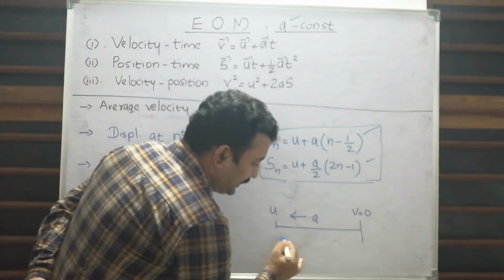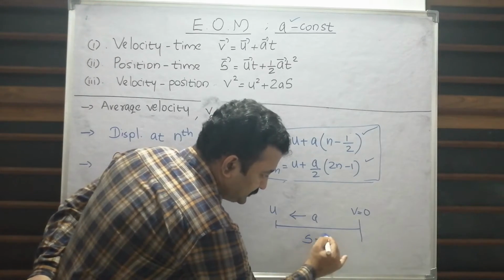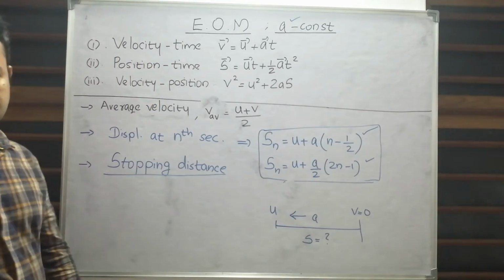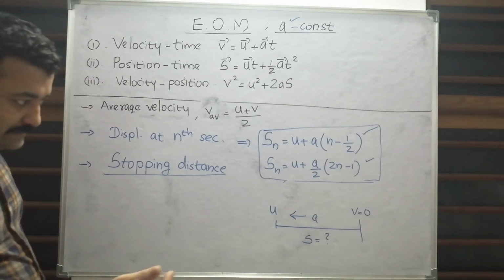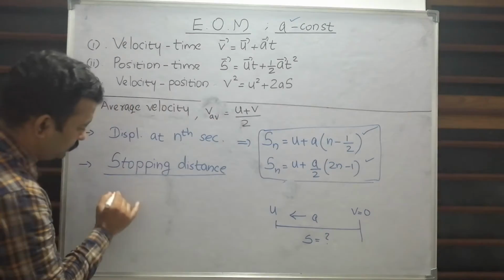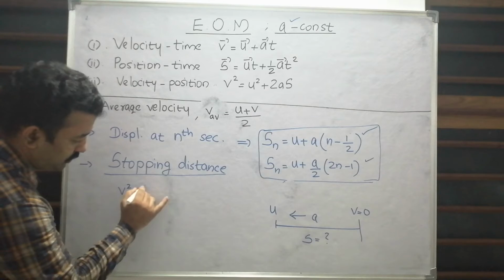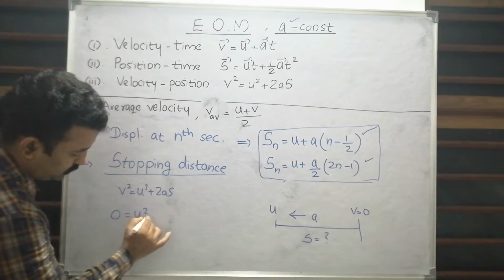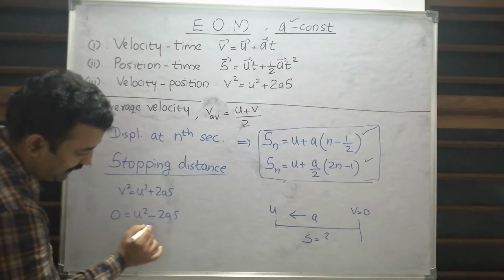That will take some time. So the problem is how much distance is required. That distance is known as the stopping distance. In order to analyze that, we know u, we know v, we know a, and we know s. Use v square is equal to u square plus 2as: 0 equals u square minus 2as, since a is negative.